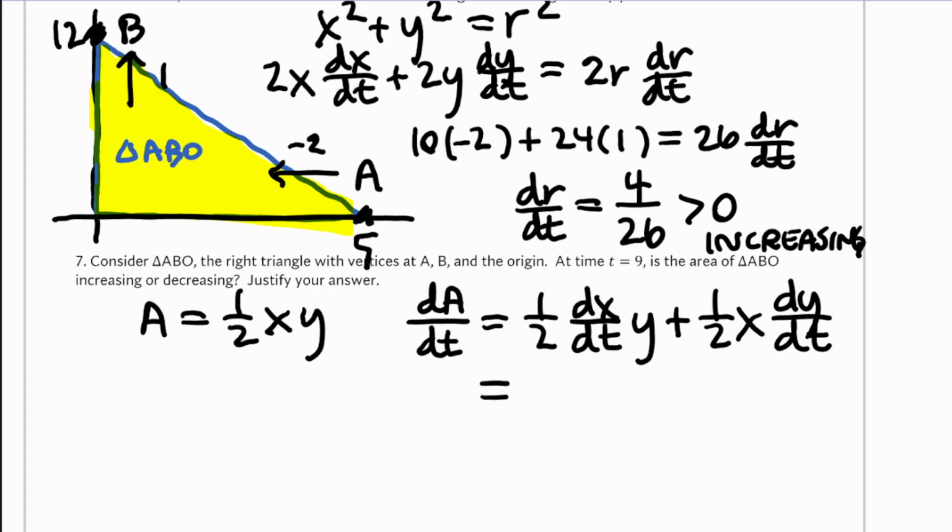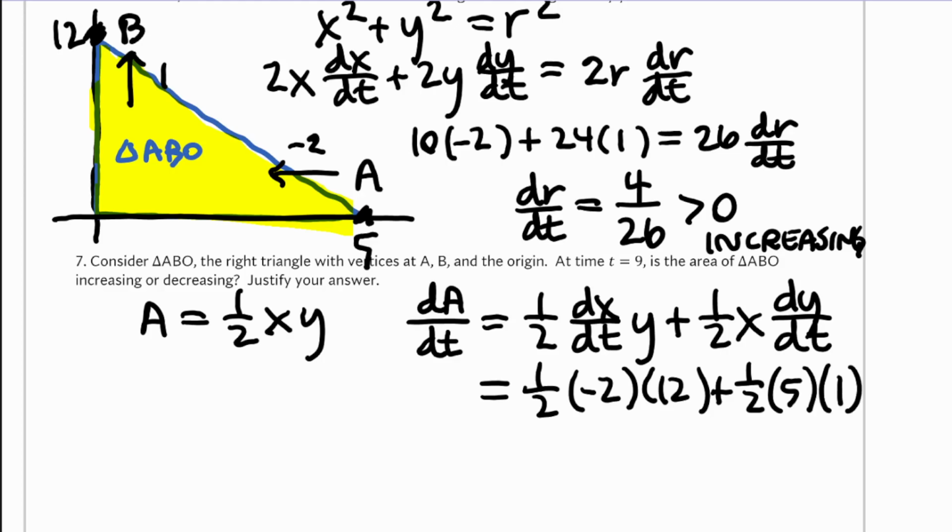So I've got 1/2 times dx dt, which was -2, and y, which is 12, plus 1/2 of x and dy dt. Okay, so I've got -12 plus 2.5, that's less than 0, so dA dt is negative, so area is decreasing.